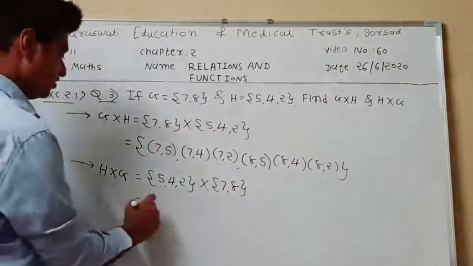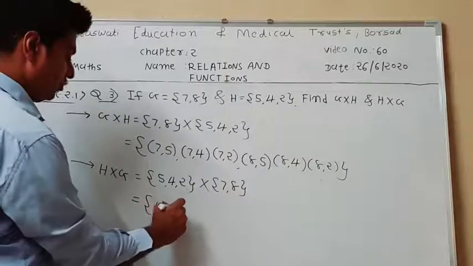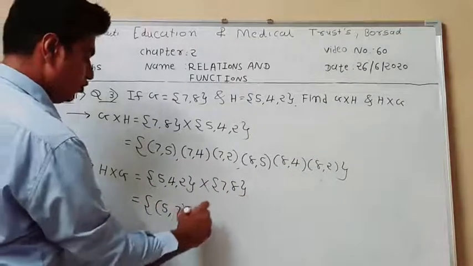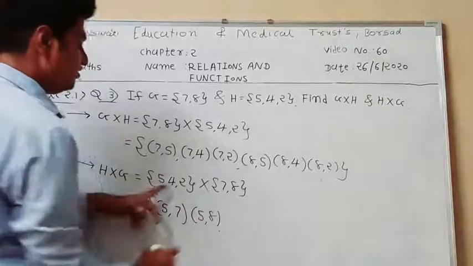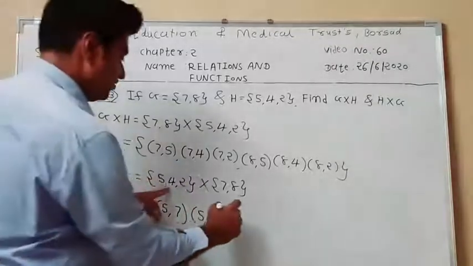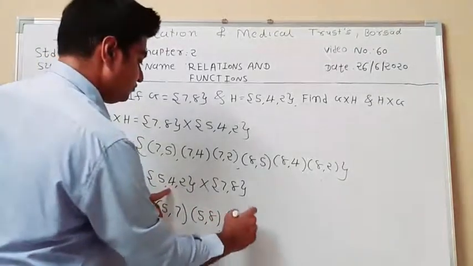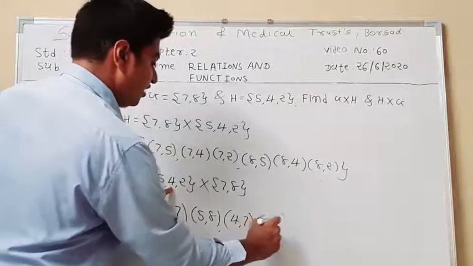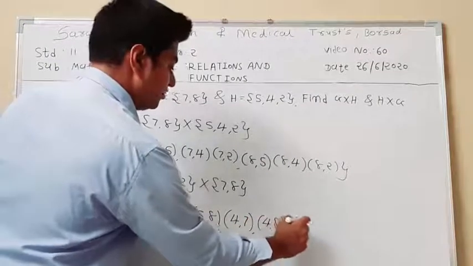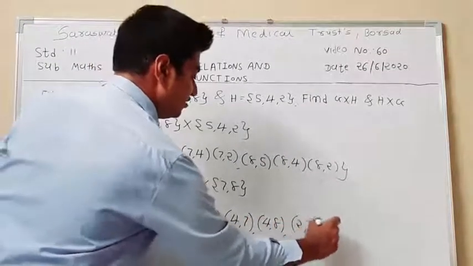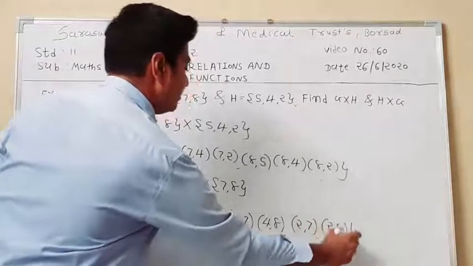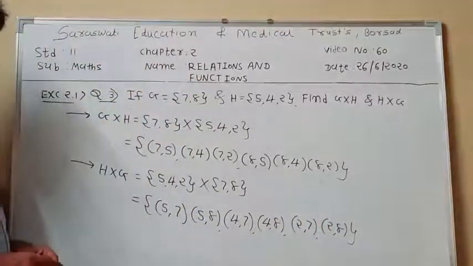So this is equal to the set of (5, 7), (5, 8), in the same way (4, 7), (4, 8), and then (2, 7), (2, 8). Answer. Clear? Okay.